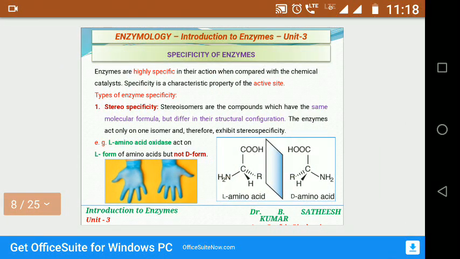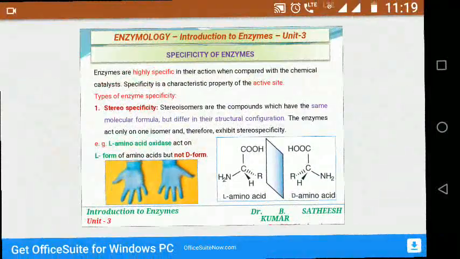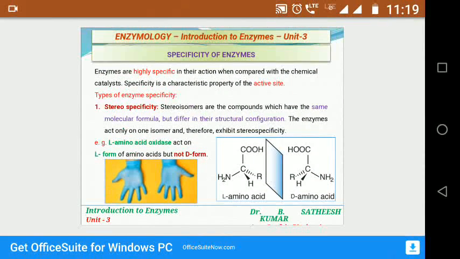And the last topic we have covered so far is specificity of the enzyme. We have three levels of specificity in enzymes. Some of the enzymes are stereospecific. They recognize their own substrates, and along with the substrates, they also see whether they are a particular stereoisomer or not.